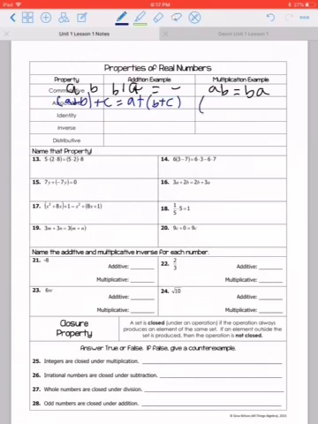So if I take A times B, then times C, it's equivalent to A times B times C.